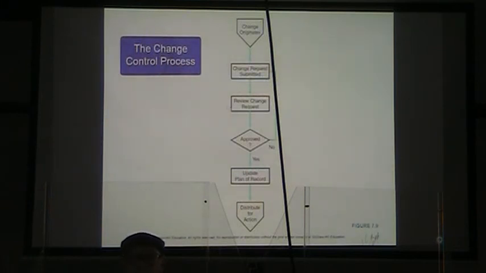That request form goes to be reviewed, and then it is either approved and we update our plan of record and distribute to everyone, let everyone know what's going on, or it's not approved. Maybe it goes back to the change request and is submitted in a different form, or maybe it's just utterly rejected and cast into outer darkness where there's wailing and gnashing of teeth. I know I hate when that happens.